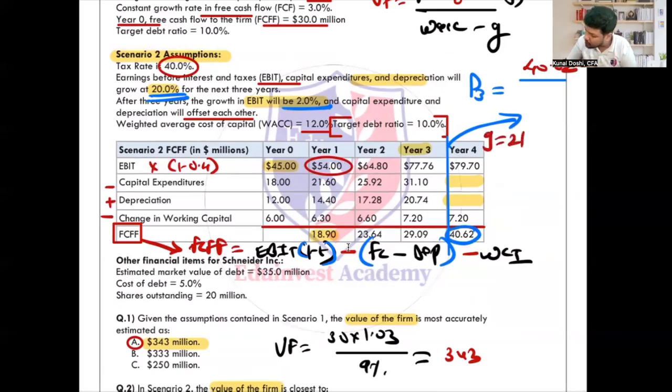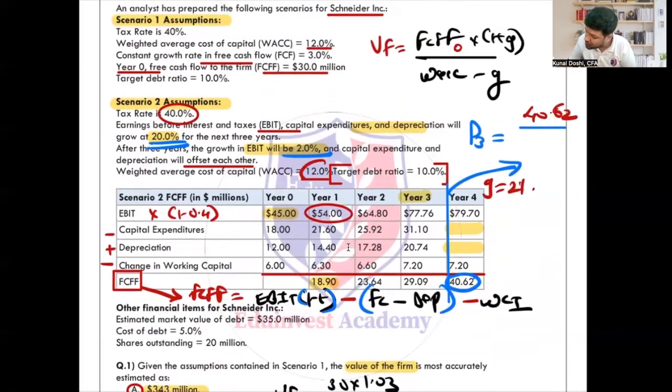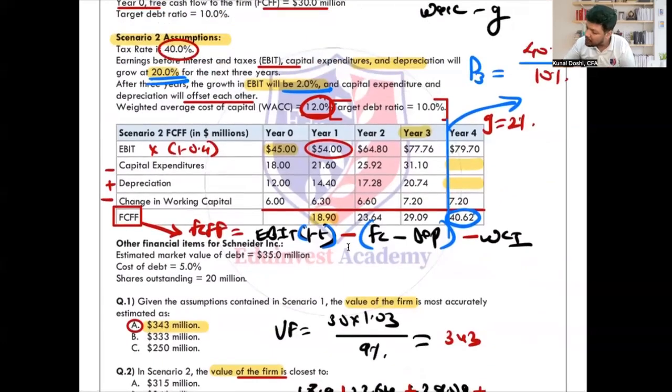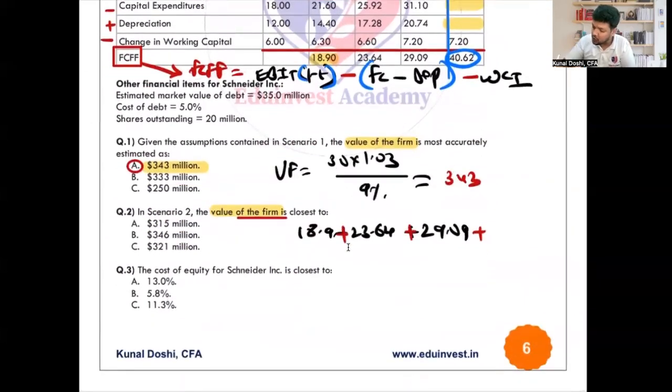Here the growth rate is 2%. What is the WACC here? 12%. So 12 minus 2 will be 10%. So you will have first year free cash flow, second year free cash flow, third year free cash flow, and the terminal value, which is 40.62 divided by 10%, that is 406.2.